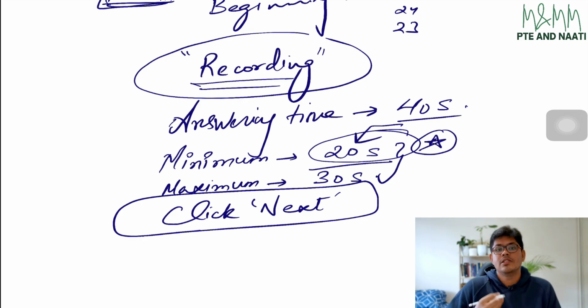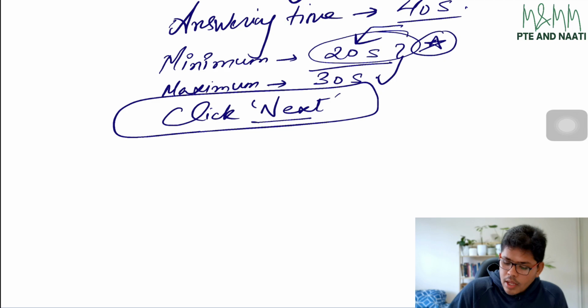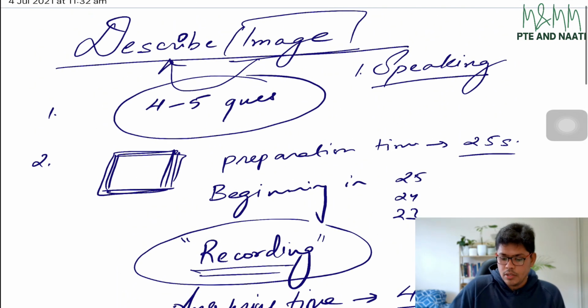Hence, it will assume that I am not speaking clearly and it will reduce my scores. So what I am trying to say is, the moment your answering is completed in the entire speaking section, please click next immediately and move on to the next question, and do not waste your time after you are done with your answering.